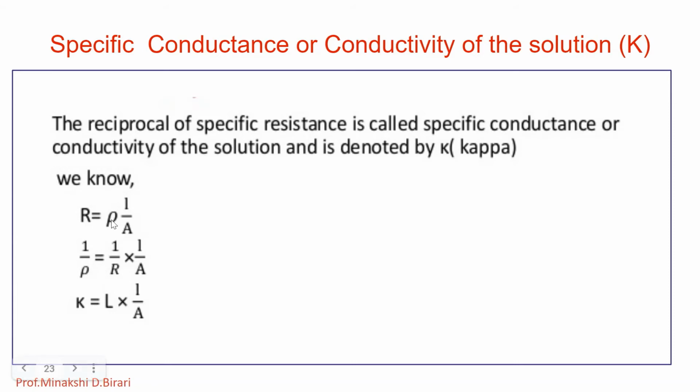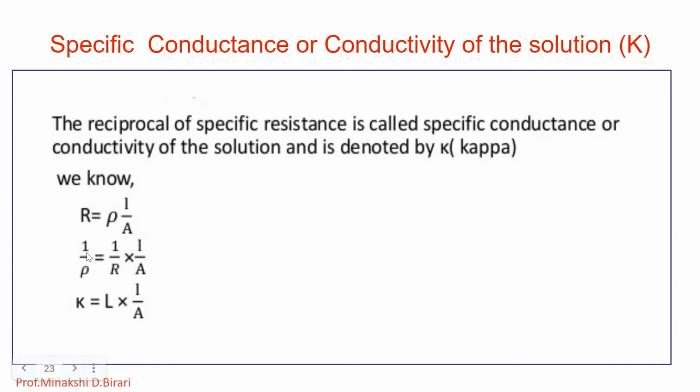We know that specific resistance, that is rho, is given by such an expression: the resistance of any conductor is directly proportional to its length and inversely proportional to its area of cross section. That is, resistance R is equal to rho into L upon A, where rho is the proportionality constant, which is called specific resistance.